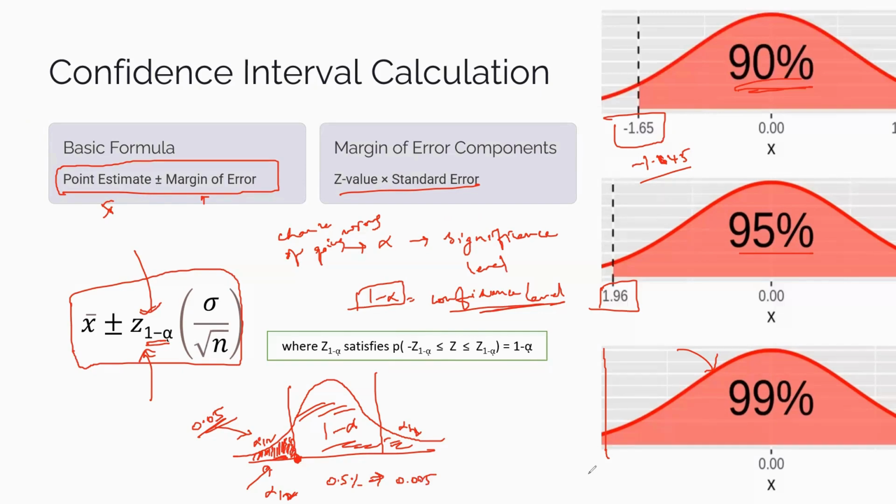When you check this, you will get somewhere around plus or minus 2.575. Okay, so these are the standard numbers. This 1.96 is something you will have to learn by heart, friends. You cannot forget this.